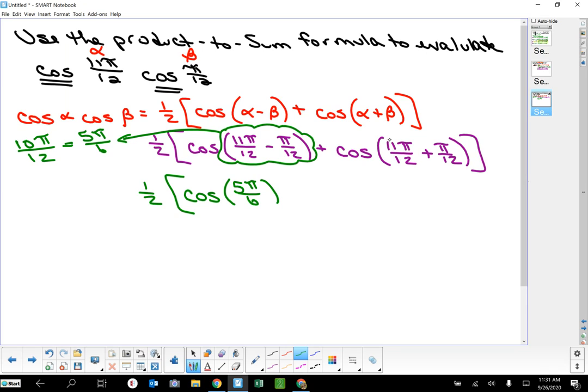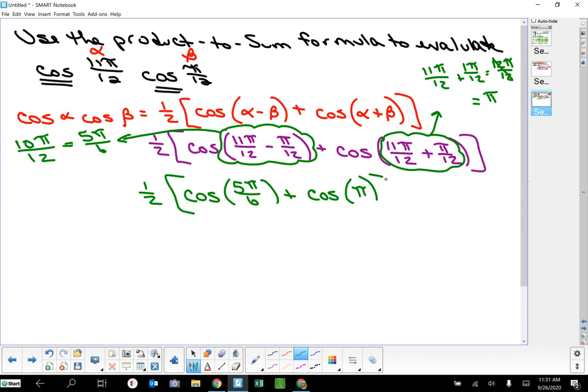And then this guy, 11 pi plus 1 is 12 pi over 12, which is just plain pi, right? The 12s are going to cancel each other out. And so this is plus cosine of pi.